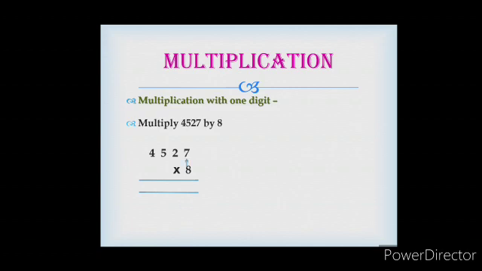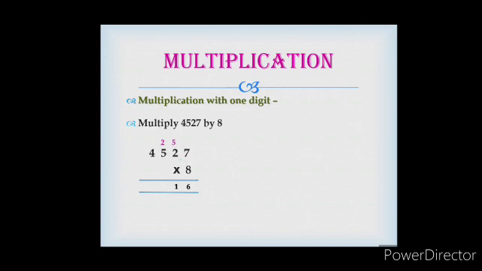So 8 sevens are 56. So 5 will be carried and 6 will come at the bottom. Then 8 multiplied by 2 will be 16, and plus 5, that means you have to add the carryover, which will result as 21. Again 2 will be carried and 1 will be at the bottom.